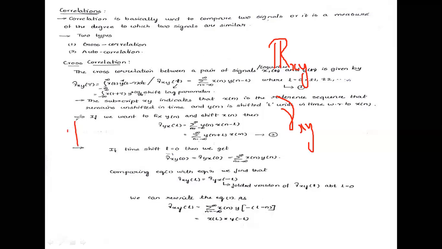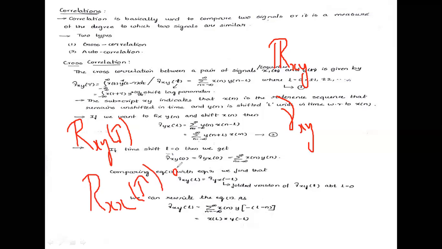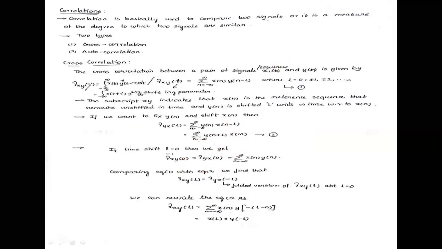But you have to learn only R x y of tau and R x x of tau, which is also autocorrelation, or R of tau. You learn like this one. Whenever you are writing the notes, change this gamma to a capital R.